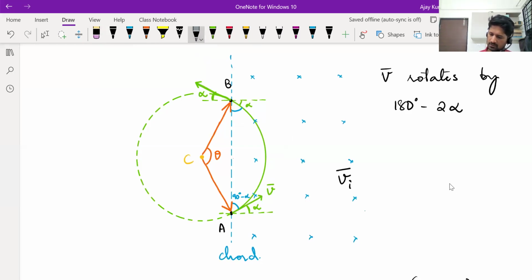So this distance is what you need to find out. Instead of using 180 minus 2 alpha or pi minus 2 alpha, keep the angle as theta itself. Based on that, you answer. Again, this is a geometry question actually. The physics part is done.